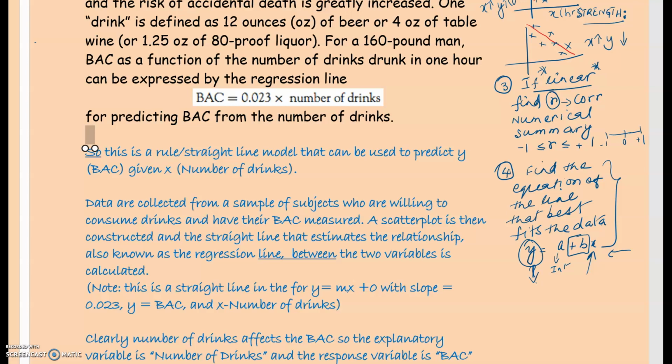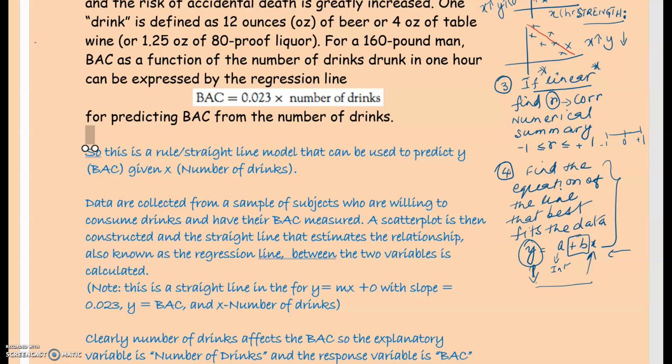So that's what we're going to do in chapter 4. Find the equation of the regression line that best fits the data set, and then use the equation of the line to make predictions of y given x. So we plug in an x to get a y. That's all there is to it.